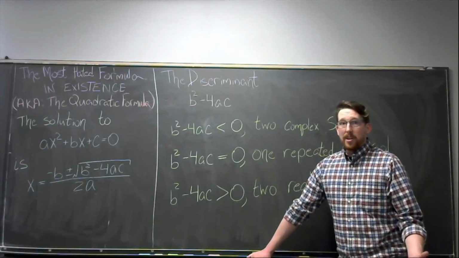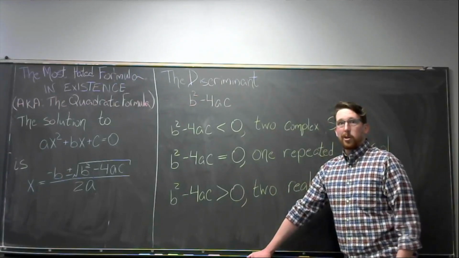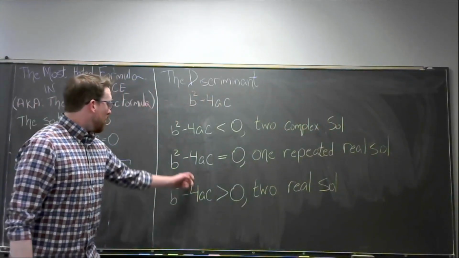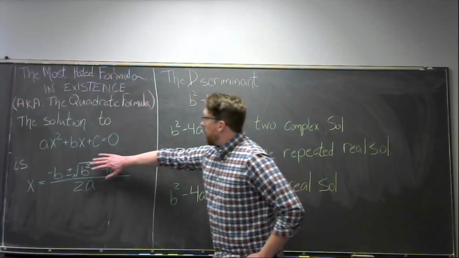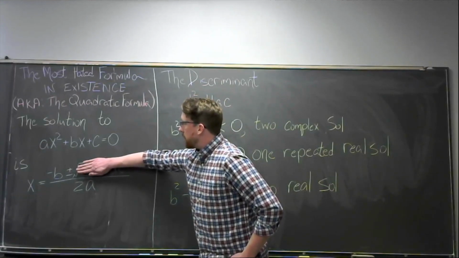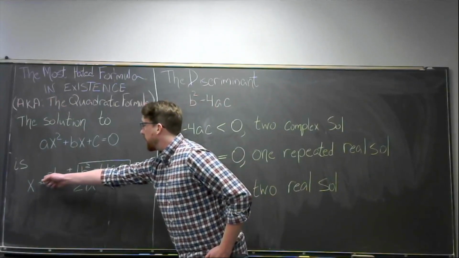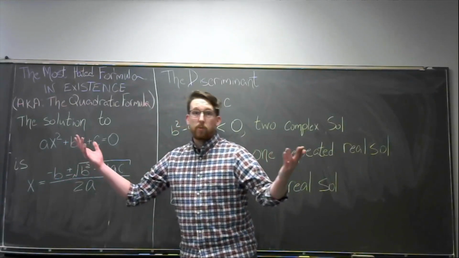And if we have an imaginary number, it's going to be a complex solution, right? If it's equal to 0, then check it out. This whole top bit disappears. Everything under the radical goes away. We're just left with negative b divided by 2a. That's just one number.